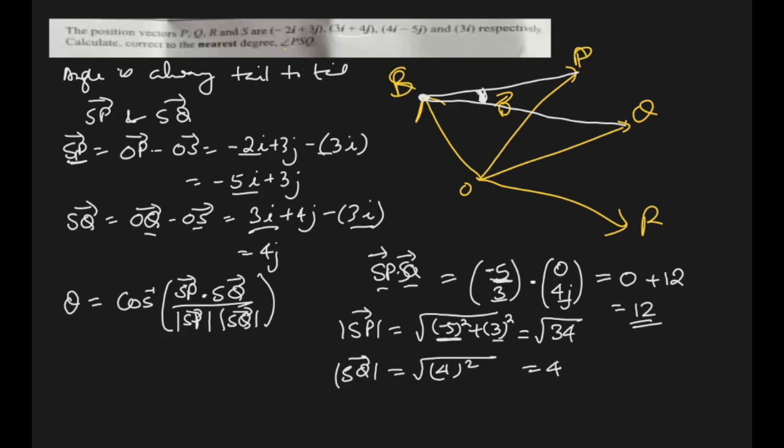So now we will find theta: cos inverse of 12 over 4 root 34. I will use my calculator again to find this, and I get 59.03. They say correct to the nearest degree, so it will be 59 degrees.